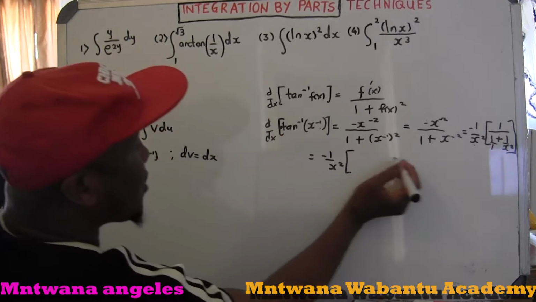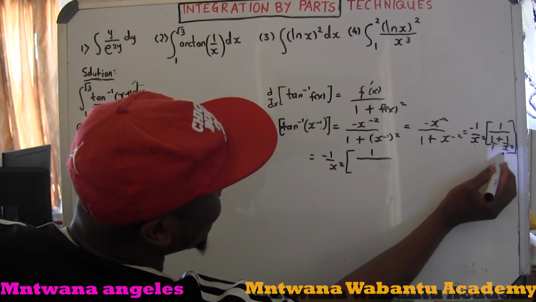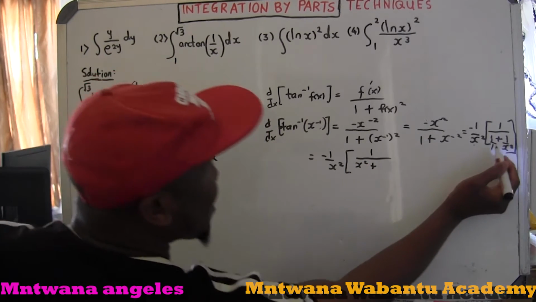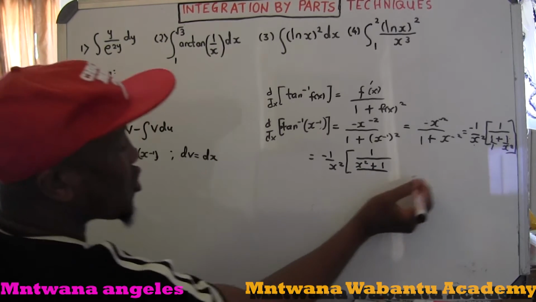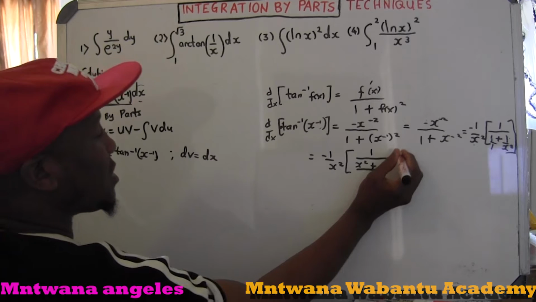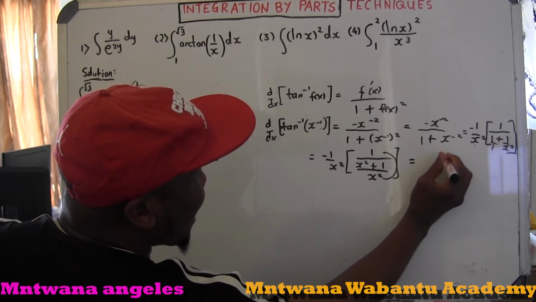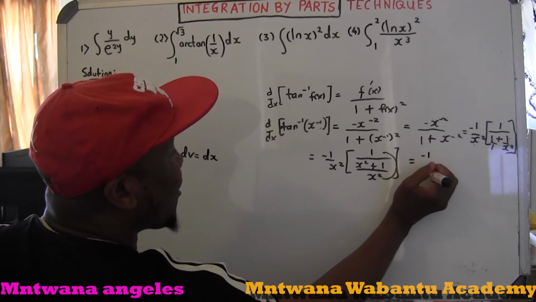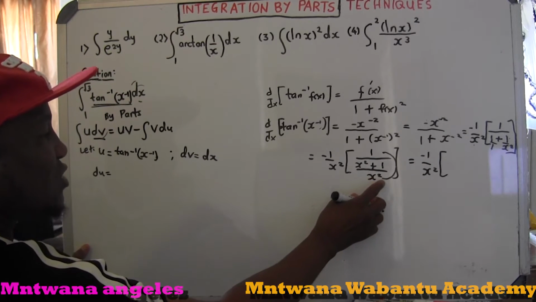So this is like 1 over 1, and the common denominator of these two is x squared. So x squared times 1 is x squared, plus 1, over x squared. This is a normal fraction. Then outside we have negative 1 over x squared, and all this stuff is going to go to the top.